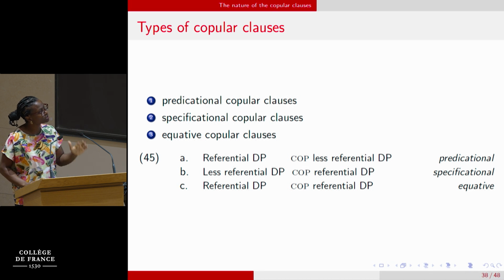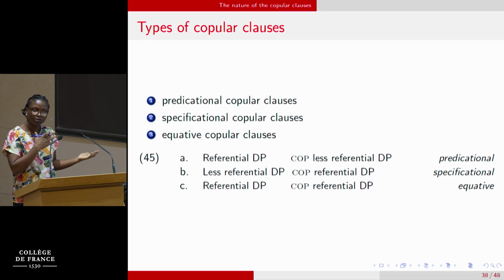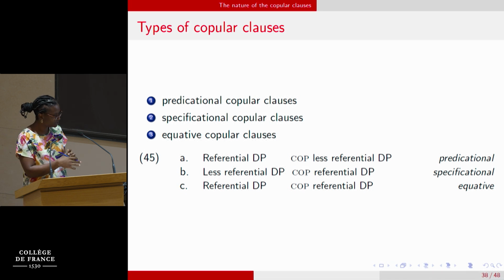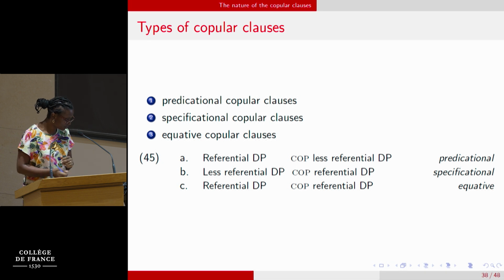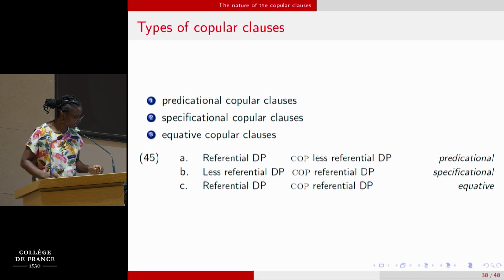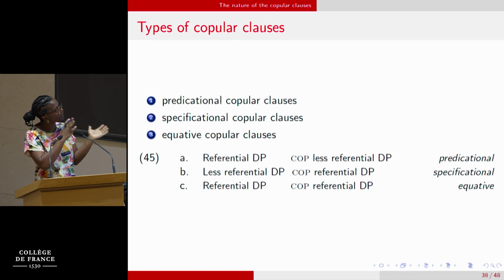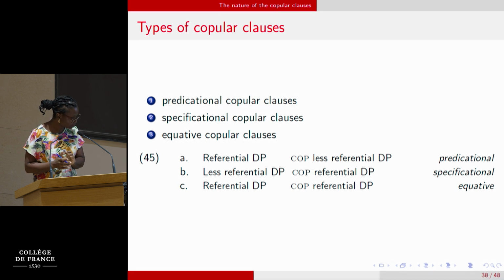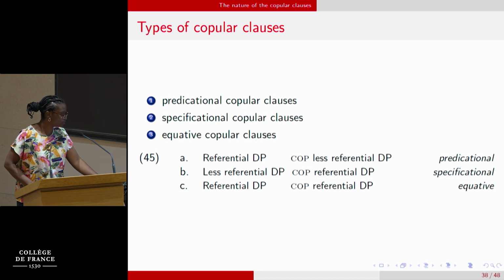For specificational copular clauses, the pre-copular element is less referential and the post-copular element is referential. And for the equative cases, both the pre-copular element and the post-copular DP are always referential.